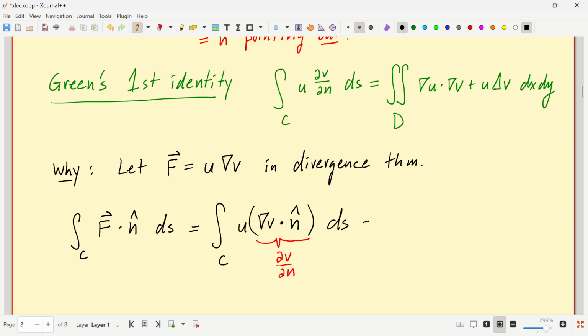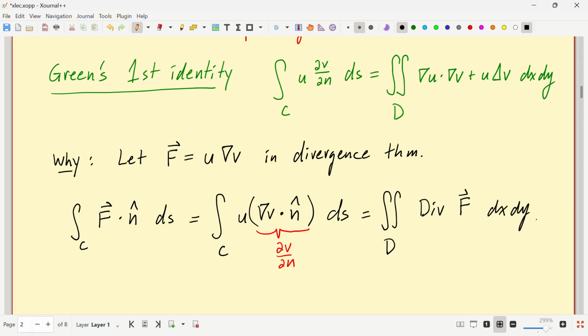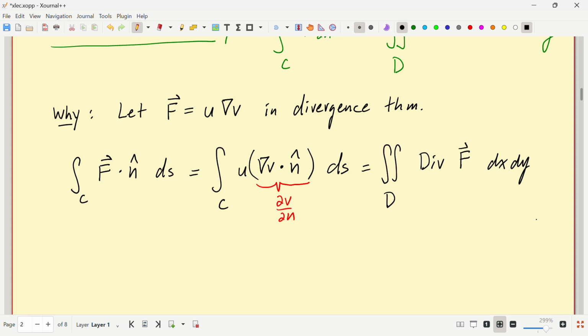And this is going to be equal to the integral over D of the divergence of F dx dy. The divergence of F, when you calculate it, is the divergence of u grad v, and you just calculate it.